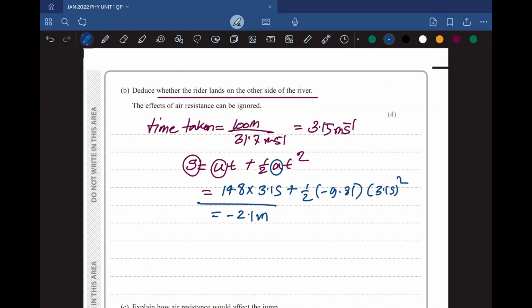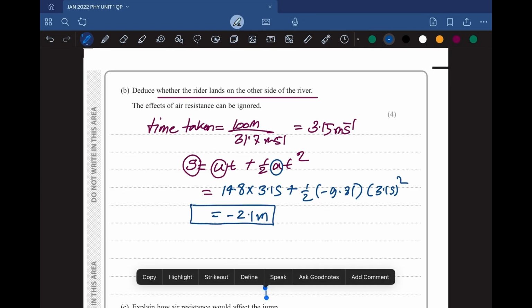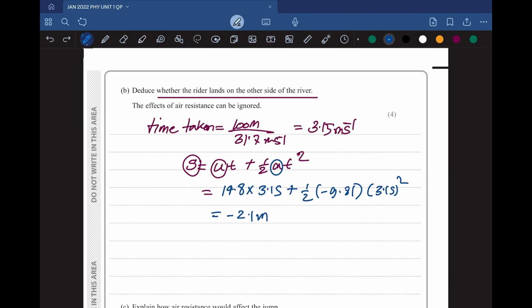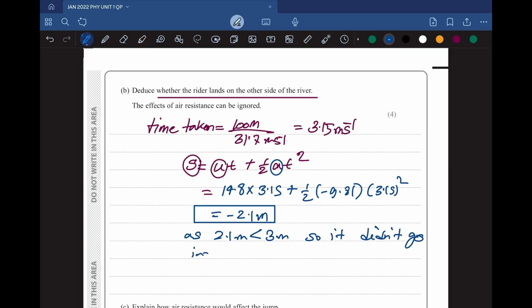As this negative displacement is less than 3 meter, we can say it didn't go inside the water. As minus 2.1 meter, we can write actually 2.1 meter. 2.1 meter is less than 3 meter, so it didn't go inside the river.